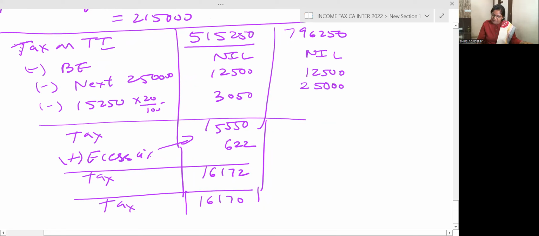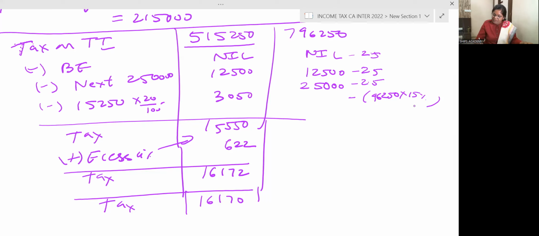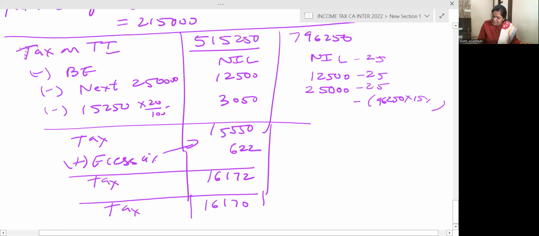Are you all with me? First 2.5, next 2.5, next 2.5. It was 10%. Now next 2.5 is not there, only 96,250. What percentage will apply? Nil, then 5, then 10, then 15%. 46,250, ma'am? If we subtract up to 7,50,000, it is 46,250.